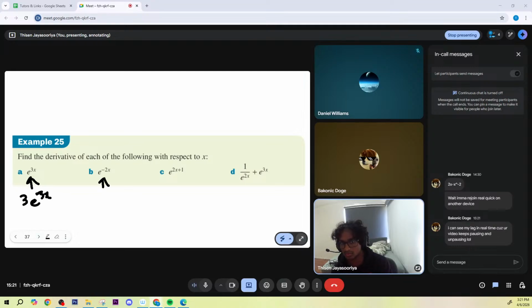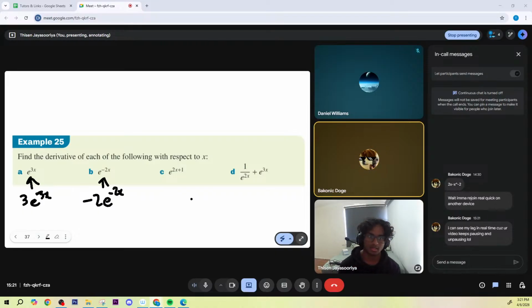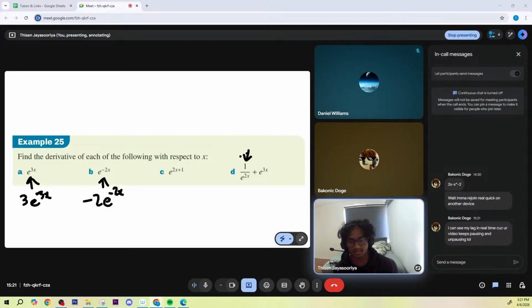Joe, tell me what the derivative of this one is. Minus 2e to the power of minus 2x. Yeah. So here, Daniel, how can I rewrite this one into something I can differentiate?